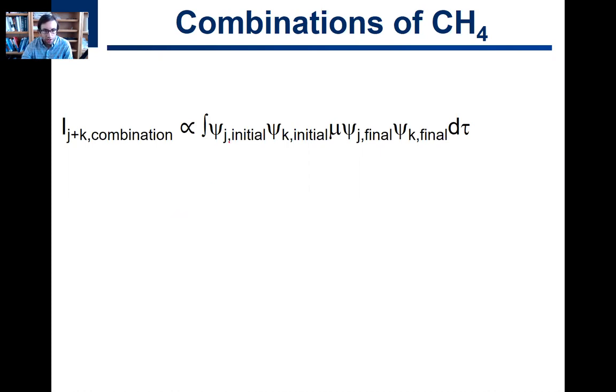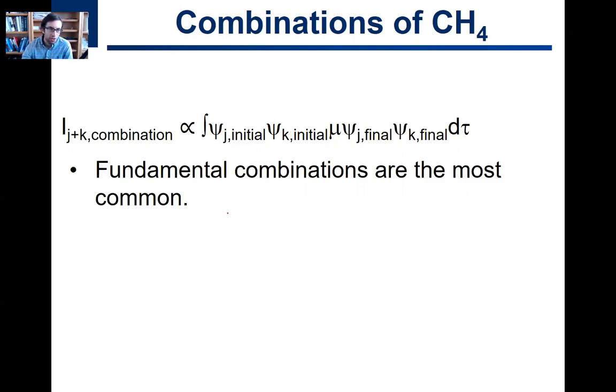And in order to do this, there's a very similar integral. Now we have the ground state of both modes, and then the final states of both modes, sandwiching again the transition moment operator, and this is integrals across tau, which is all symmetry space.